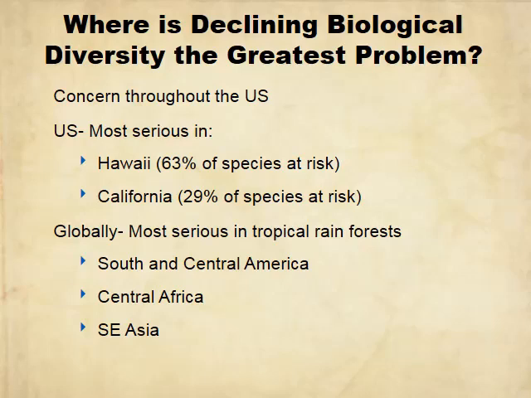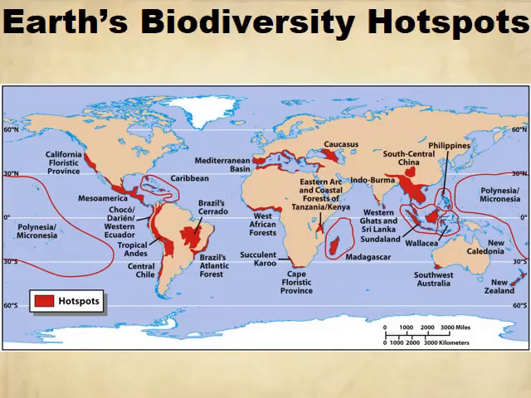Globally, it's most serious in the tropical rainforest. So we're talking Central and South America, Central Africa, Southeast Asia. All of these areas have a huge amount of biodiversity. So when those areas get hit the worst, we're losing insane amounts of species. Here is a really great image because this shows you hotspots of biodiversity.